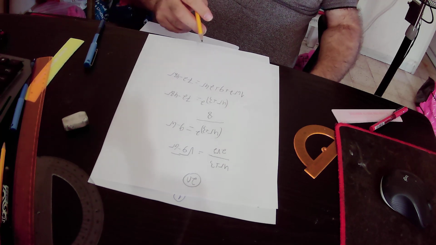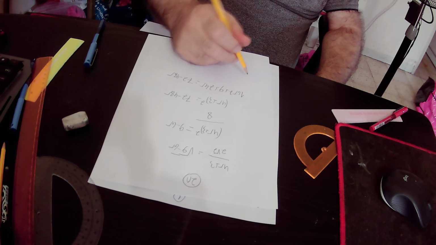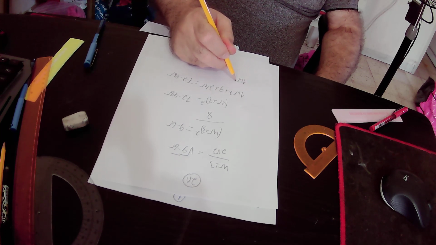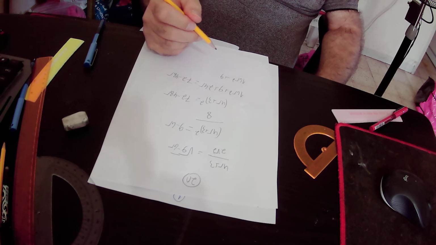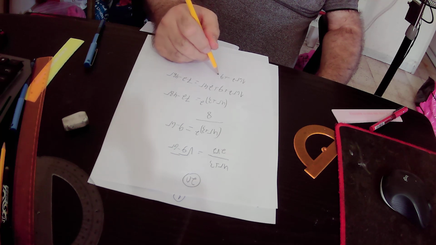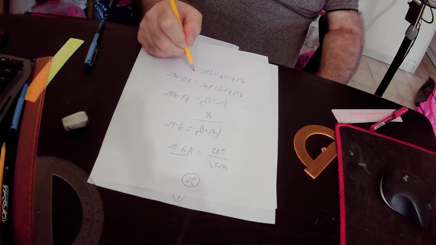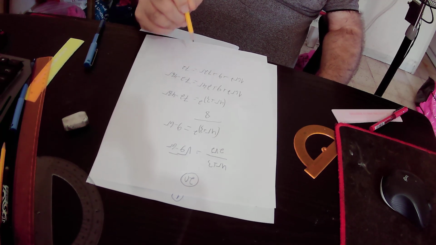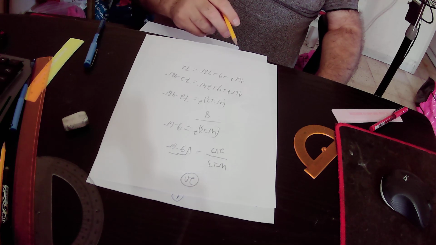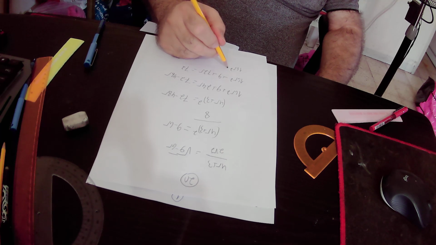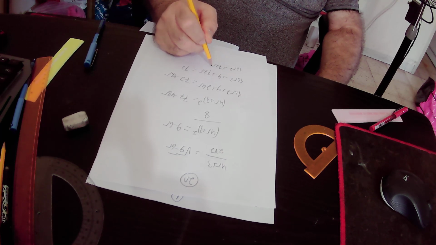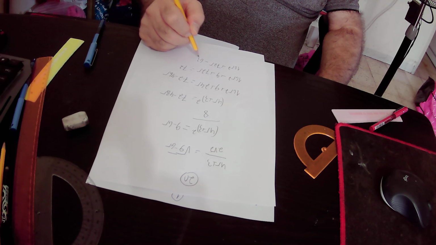Here we will add 48r to this equality and we will get that 16r squared plus 9, and 48 plus 24 is 72, so plus 72r equals 72. Here we will subtract 72 from this equality and we will get that 16r squared plus 72r minus 63 equals 0.